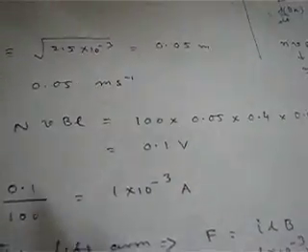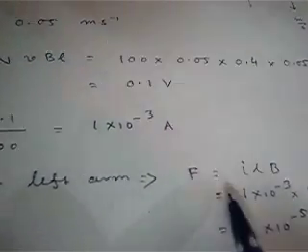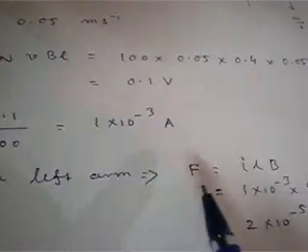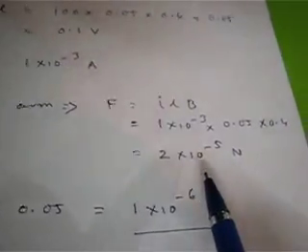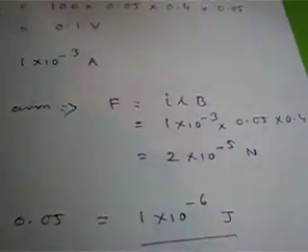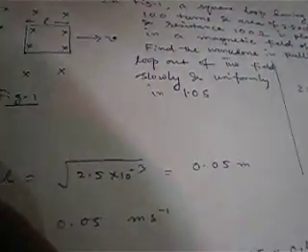So applying the relation, that is the force acting on a current carrying conductor, I dl cross B, integration of dl cross B, for a fixed conductor, I into L into B. So this force is estimated to be 2 × 10⁻⁵ Newton. It is acting on the left side.